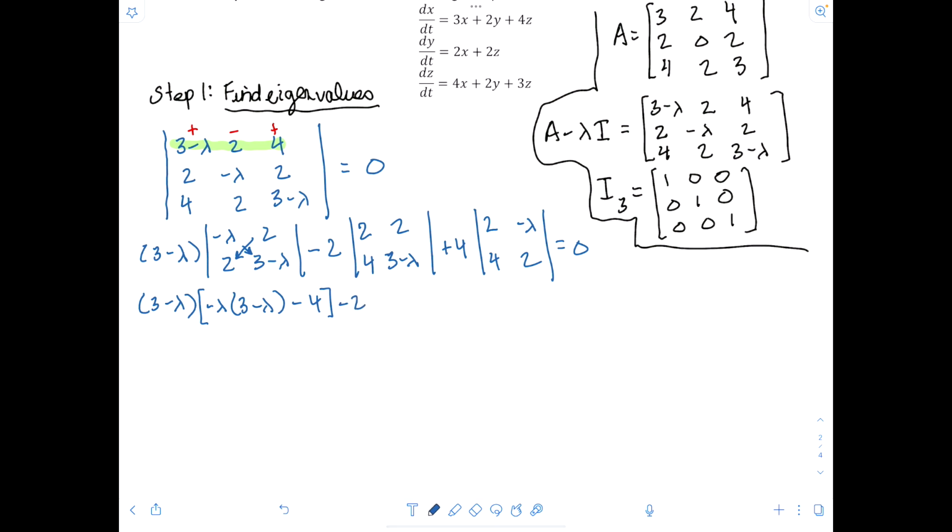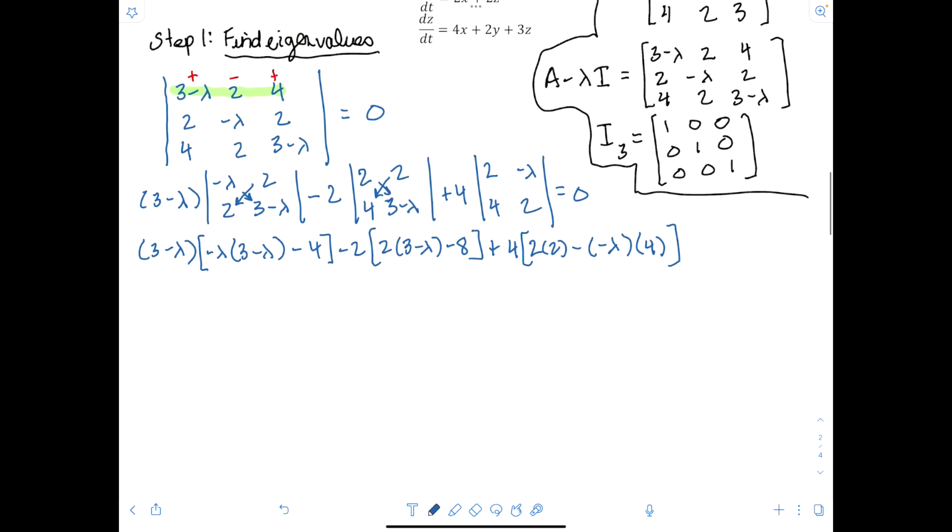And then minus 2 times 3 minus lambda, minus 8, multiplying across, plus 4 times 2, minus negative lambda times 4. All right, and then that's equal to 0.